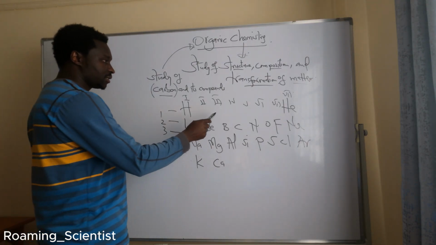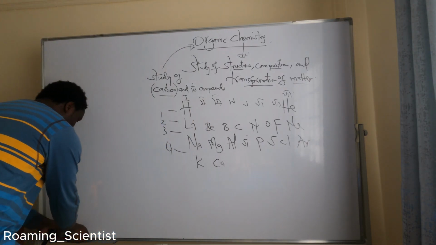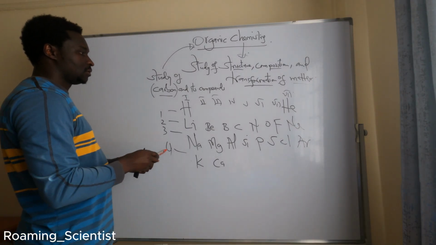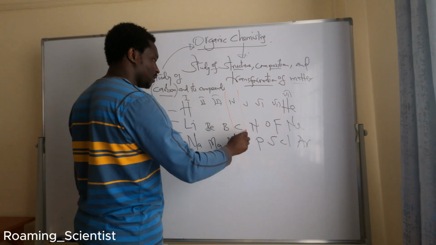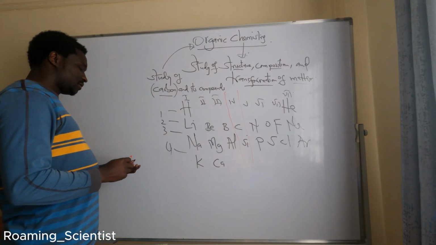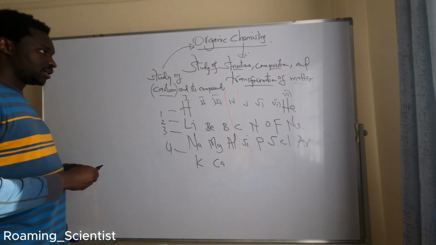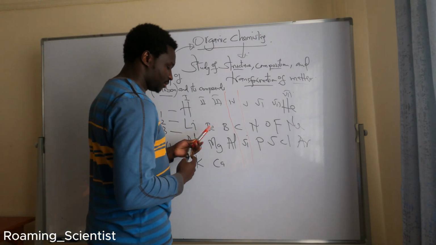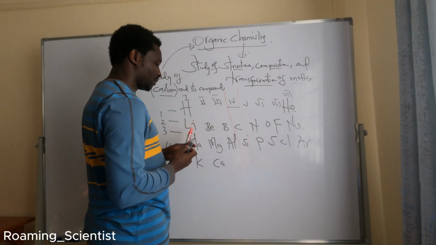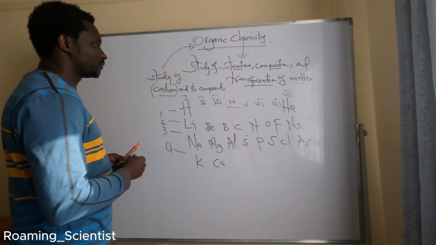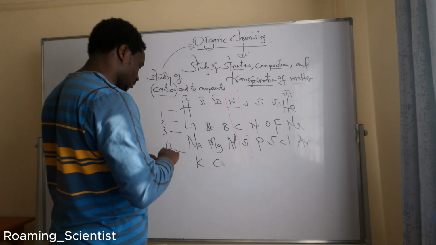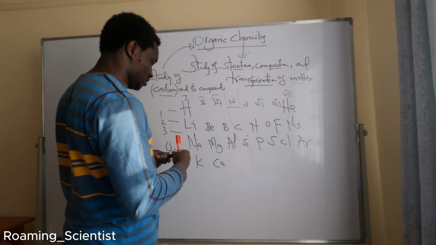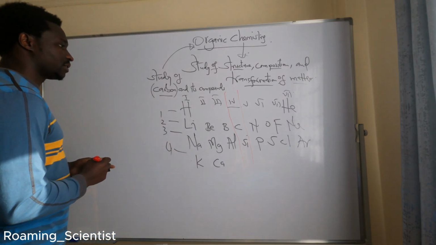Now, carbon sits in group 4 of the periodic table, as you can see from here, with silicon. And this is very important from a chemist's point of view, because carbon reacts with 4 other atoms.